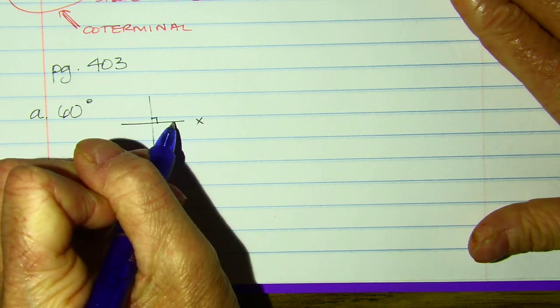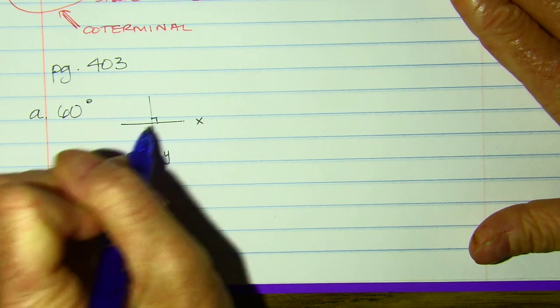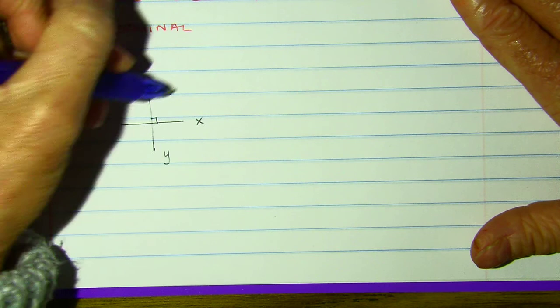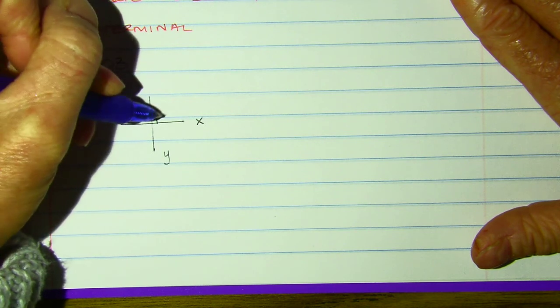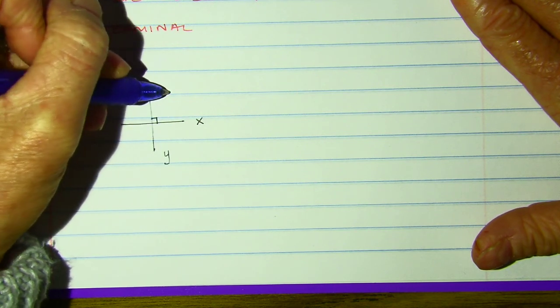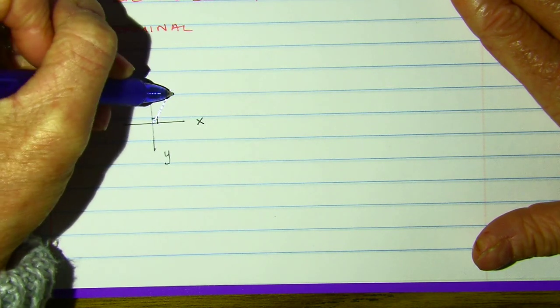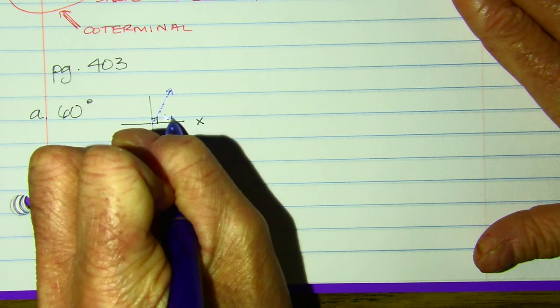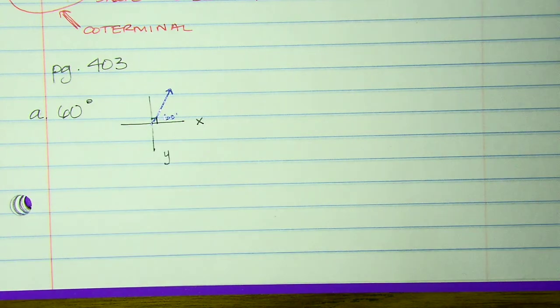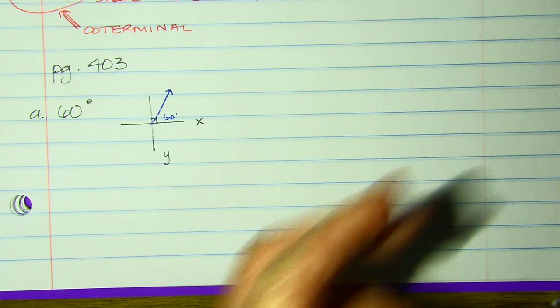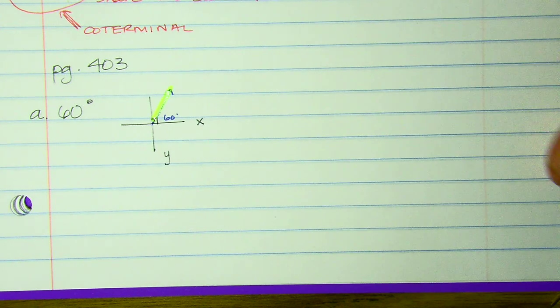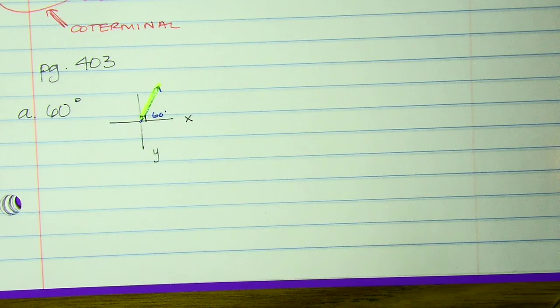So starting from here, I know it's going to be in this quadrant because I'm moving counterclockwise. If this is 90, I'm going to guess here's 30. It should be two-thirds of the way. There would be 60 degrees. So that would be your little picture. And there's my terminal side highlighted in yellow.